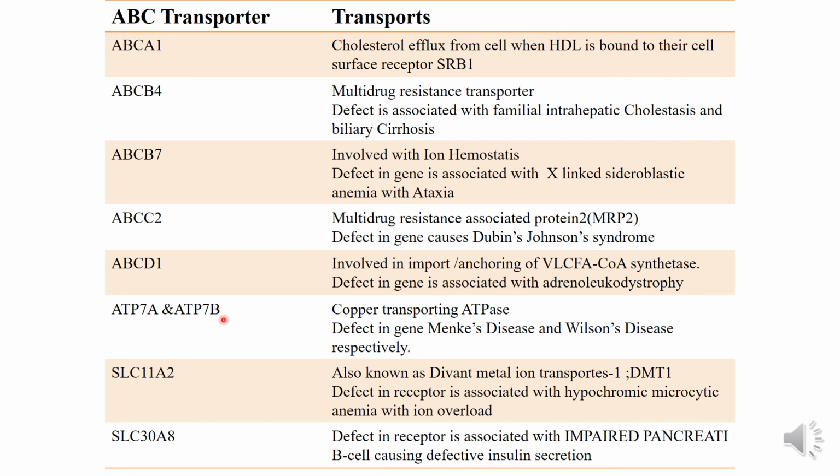ATP7A and ATP7B are copper transporting ATPases. SLC11A2 is known as divalent metal ion transporter, and SLC30A8 is a defect in receptor associated with impaired pancreatic beta cell causing defective insulin secretion. So these are various ABC transporters and their functions.